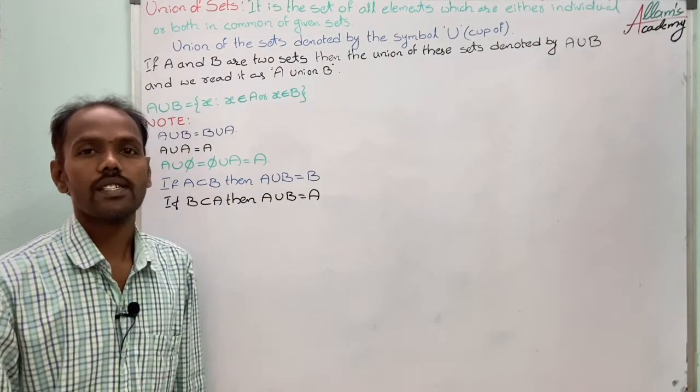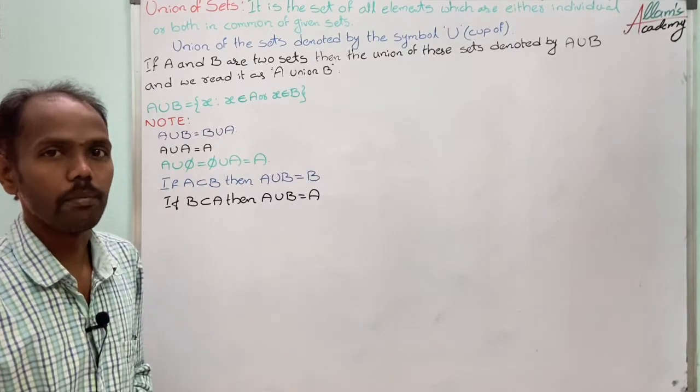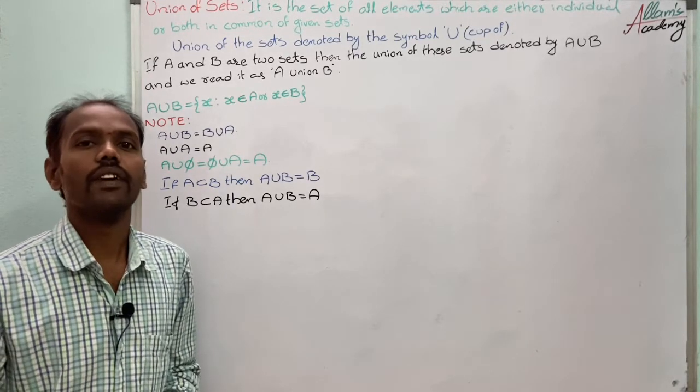Now we see the graphical representation of A union B. Graphical representation is nothing but a Venn diagram.